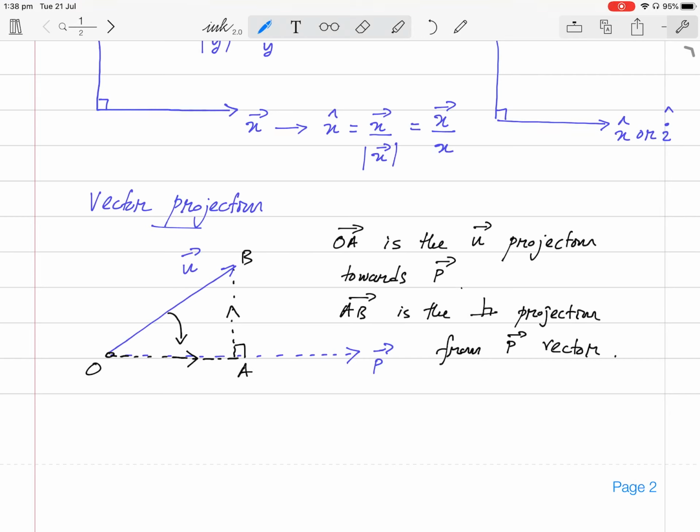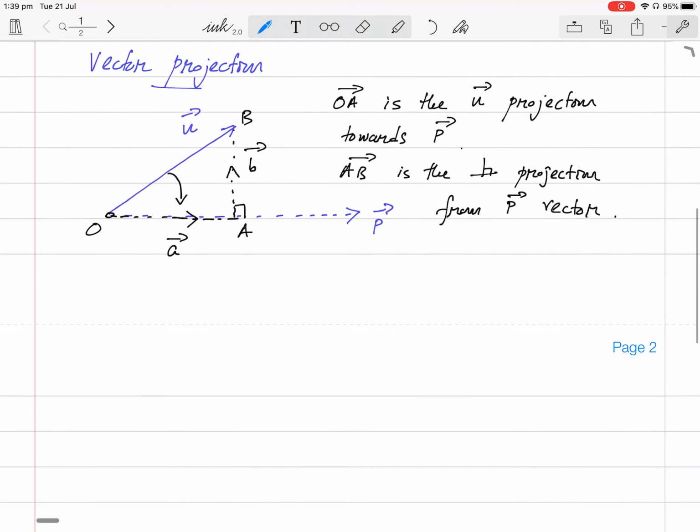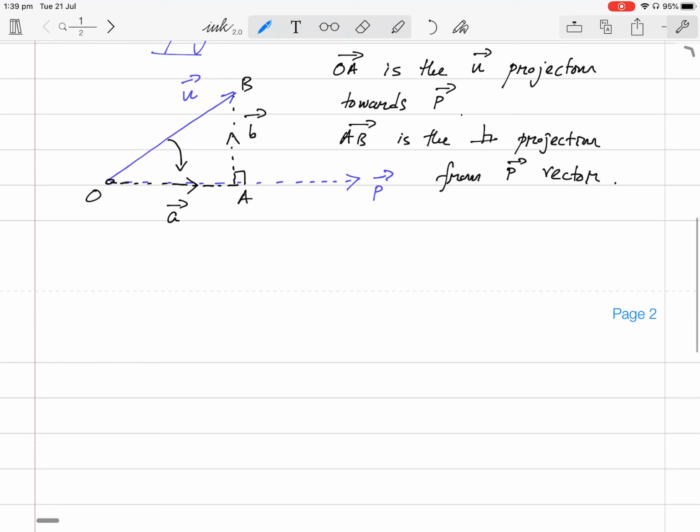So suppose OA vector is A, and AB vector is B. Now we are in the process of finding these two vectors.